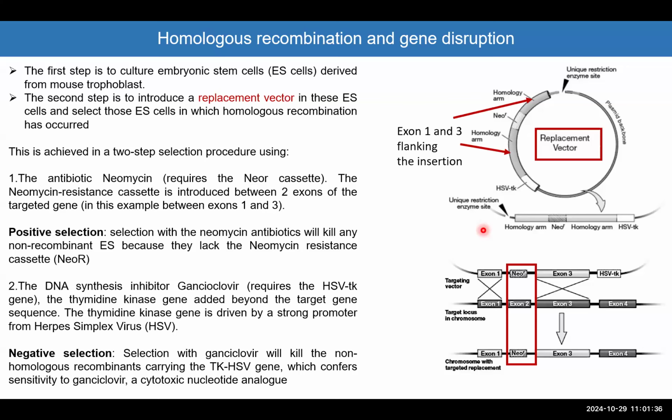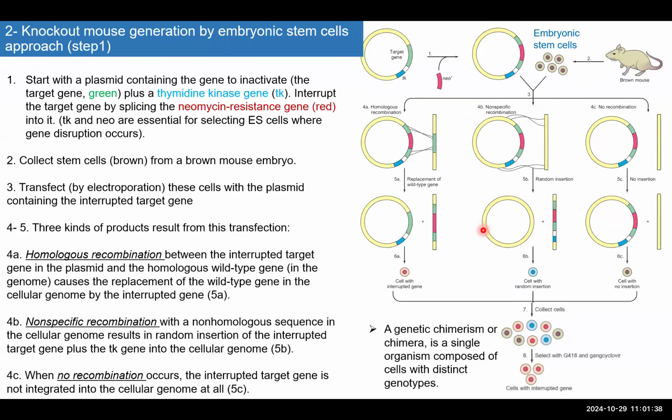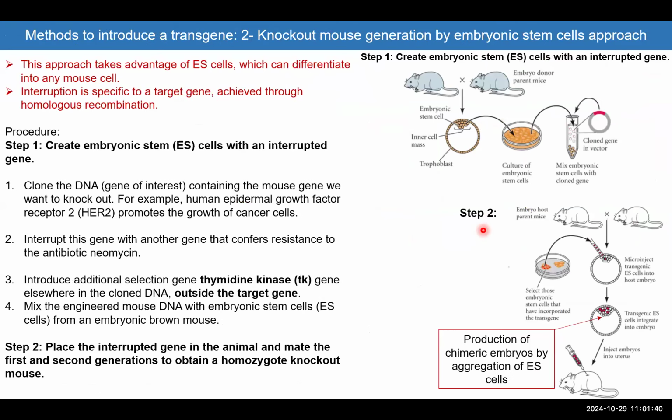Okay, now let me just go back one step here to repeat the two particular steps. First, taking the embryonic stem cells from wild type, and then we transfect our plasmid into those embryonic stem cells.